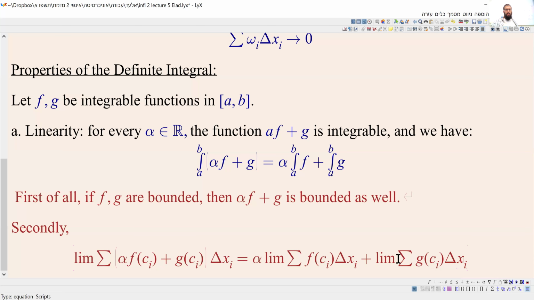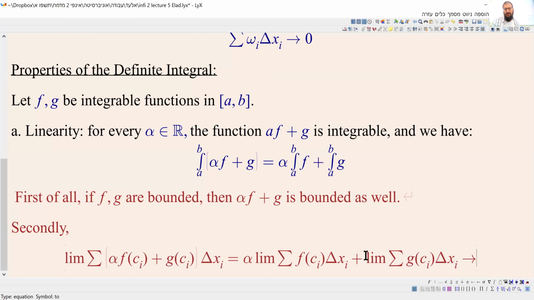And we know that f is integrable. We know that g is integrable. So these two sums are going to the same limit. I mean, all the sums of f go to the integral of f, and all the sums of g are going to the integral of g. So it converges to this.